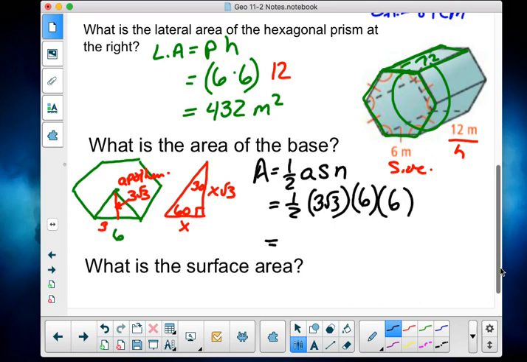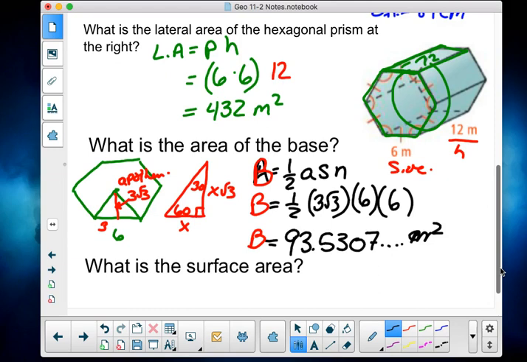So my area of one base, and now watch this magical thing, is 0.5 times 3 square root of 3 times 36, which is equal to 93.53. So I've got 93.5307 meters squared. Okay, I've got that in my calculator.